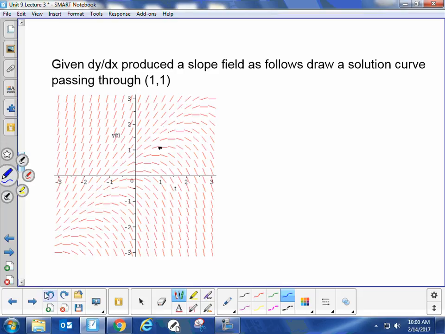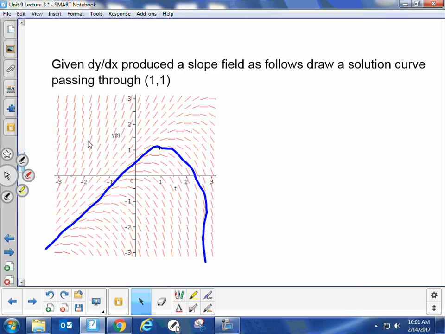So start at the dot. Good, good. And then go to the left of the dot. Right? So you got to just make sure your tangent slopes match up with your graph, and you'll be expected to know how to do that.